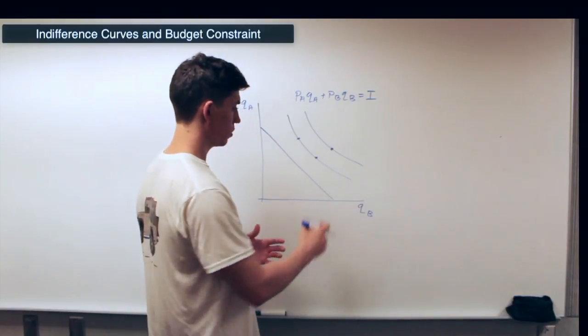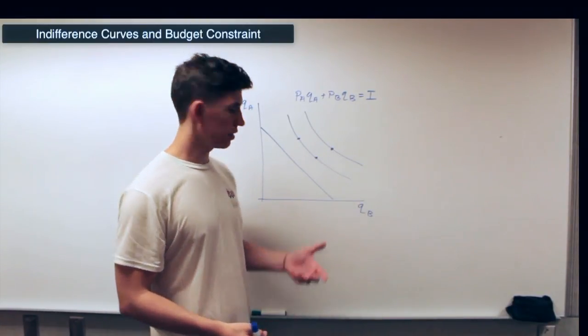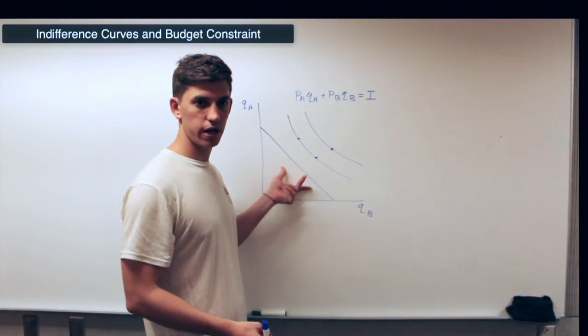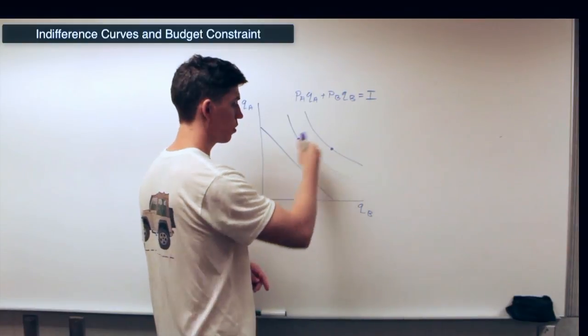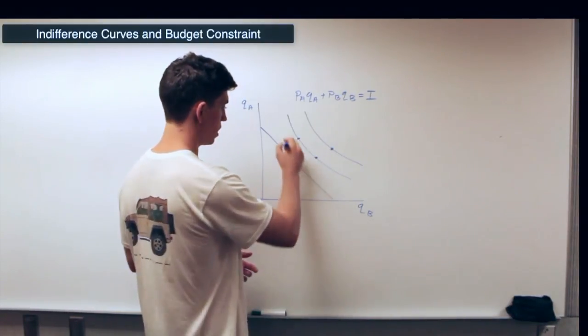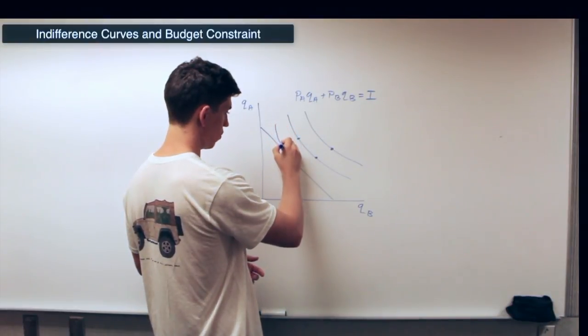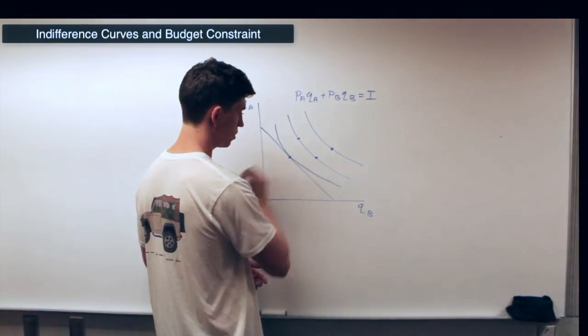And so the goal is for us to get onto as high an indifference curve as we possibly can, given our budget constraint. We can't go anywhere outside of this budget constraint, but we want to be on the highest indifference curve we can. So the indifference curve that just touches the budget constraint is our optimal one.